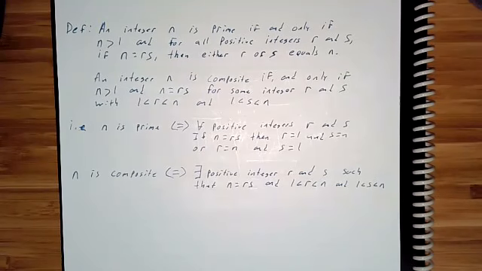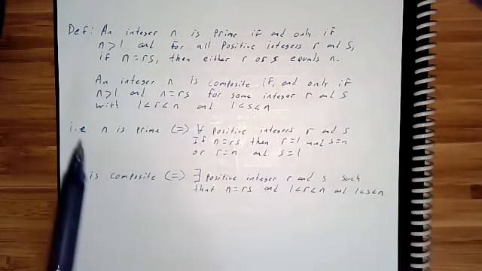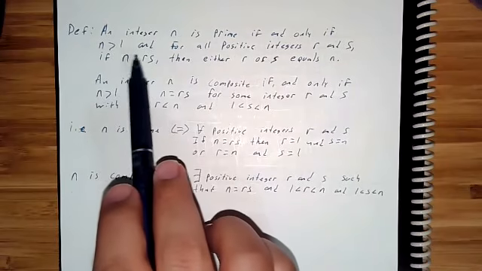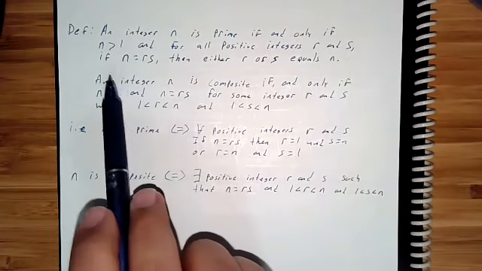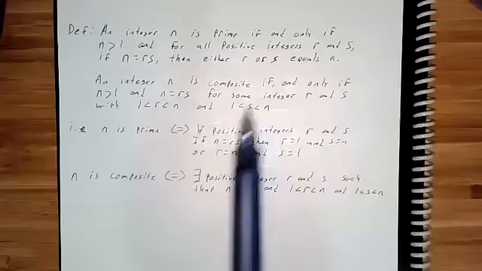Before we do another example, there's always another definition, right? As you can see, this class is about understanding definitions in order to do the problems. And as we get to proofs, that becomes more and more important. An integer n is prime if and only if n is greater than 1, and for all positive integers r and s, if n equals rs, then either r or s is equal to n.